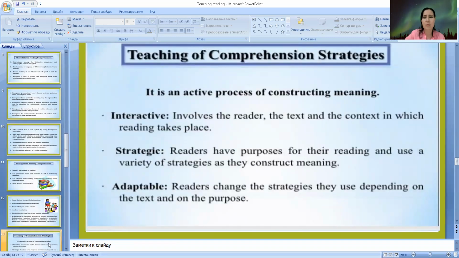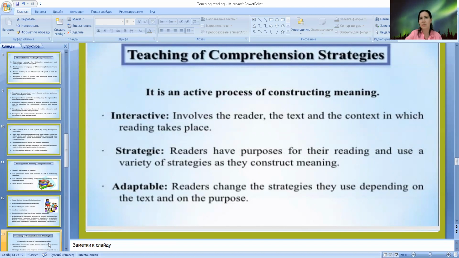Reading is an active process of constructing meaning: interactive, strategic, adaptable. Interactive involves the reader, the text, and the context in which reading takes place. Strategic readers have a purpose for their reading and use a variety of strategies to construct meaning.